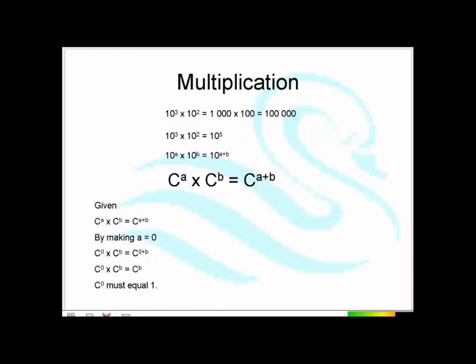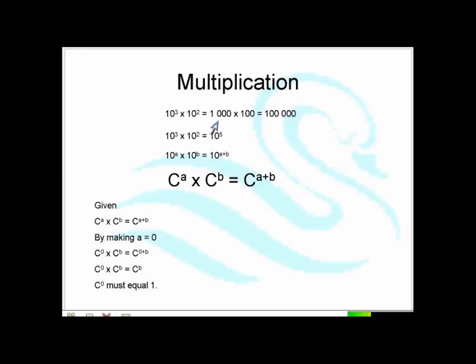There are rules of indices, and the rules are that if you have the same number and you multiply, then all you need to do is add the indices. So if you had 10 cubed, which is 1,000, and 10 squared, which is 100, you end up with 100,000.